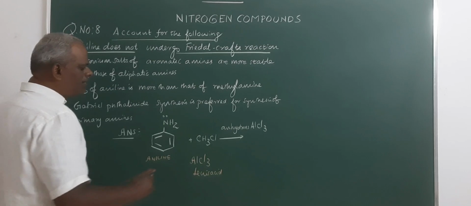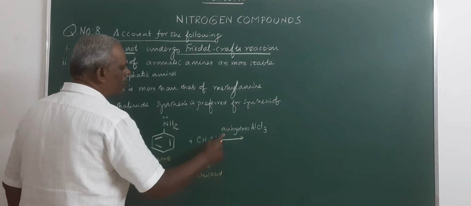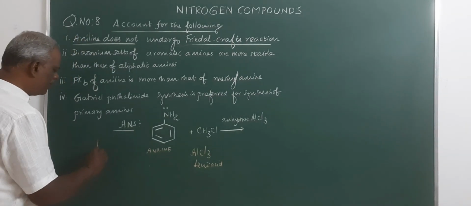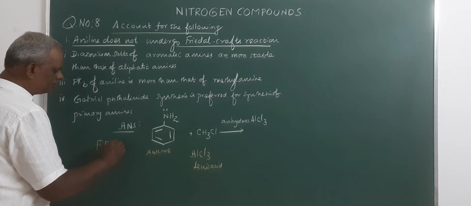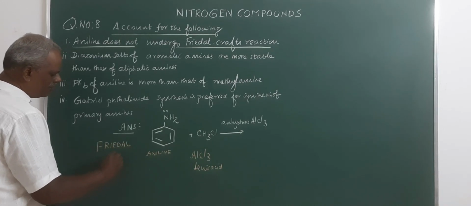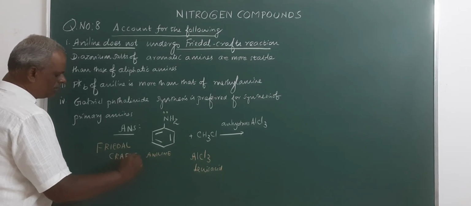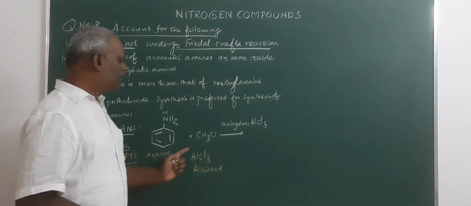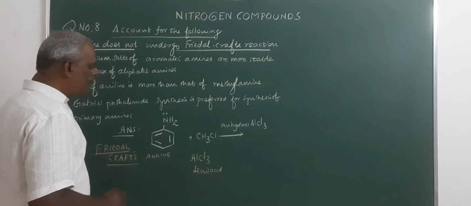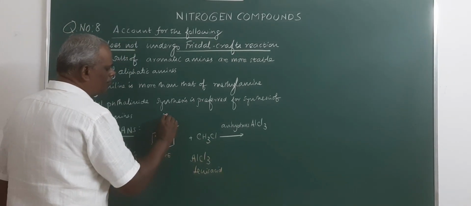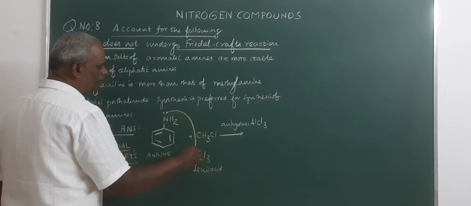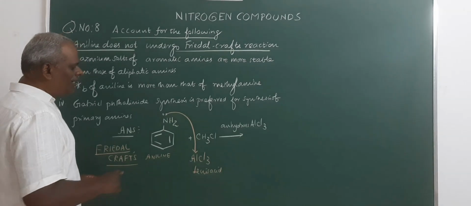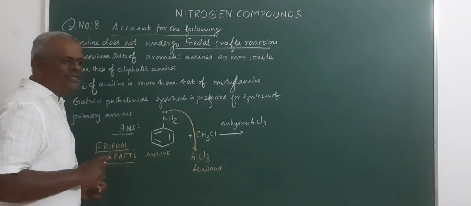So, while treating this with methyl chloride in presence of anhydrous aluminium chloride, in the case of Friedel-Crafts alkylation or acylation reaction, these are the things required. The difficulty is that in aniline, the nitrogen can donate its pair of electrons to AlCl3, so the electron density on the nitrogen decreases.